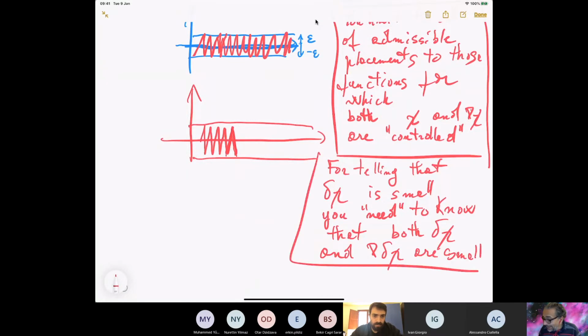Okay, this is some mathematical theory which has been developed by Sobolev around 1950.